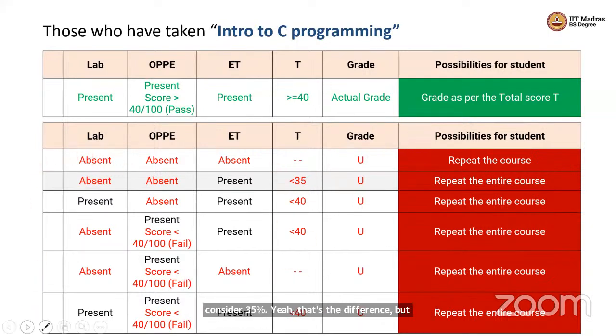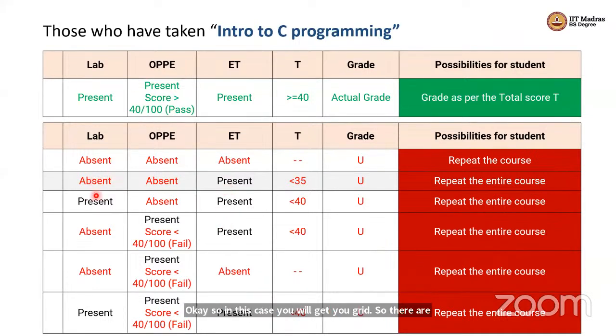So in this, there are certain line items you can see here. Suppose you're absent for lab, absent for OPPE, and also absent for end term. As I already mentioned, the moment you're absent for the end term, you will not get the total score. So in this case, you will get U grade. There are other combinations.